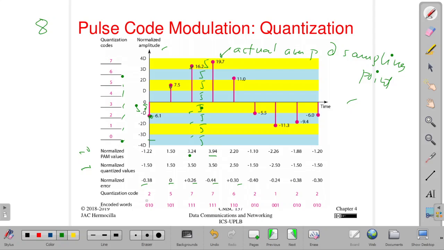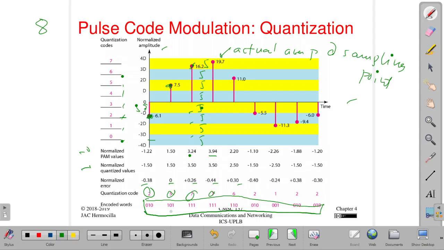And then to get the actual value of the signal, so let's say this one here, this will be 2, okay. So this one here will be 5, okay. And this one here will be 7, and this one here also 7, etc., etc. And for the analog signal, this will be the digital equivalent, okay, of these points.